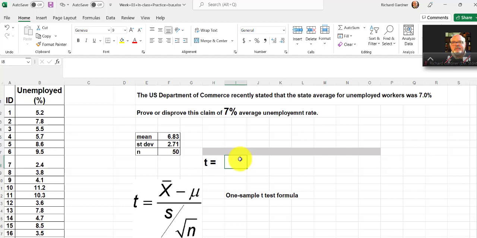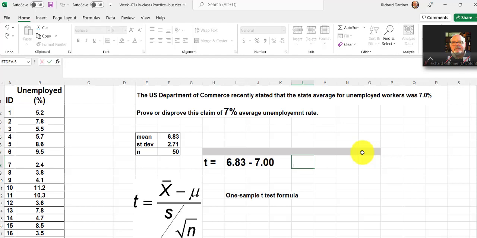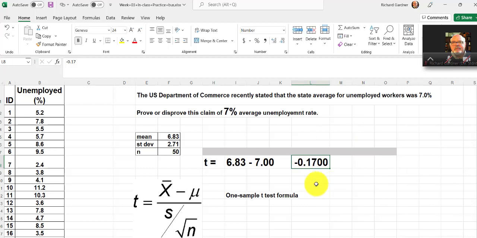We're going to put 6.83 minus 7.00. That's our top number, right? And let's go ahead and do that right now. That looks like a negative 0.17. Is that about right? That's about right. So again, that's the numerator of this. And I only want 2 decimal places.